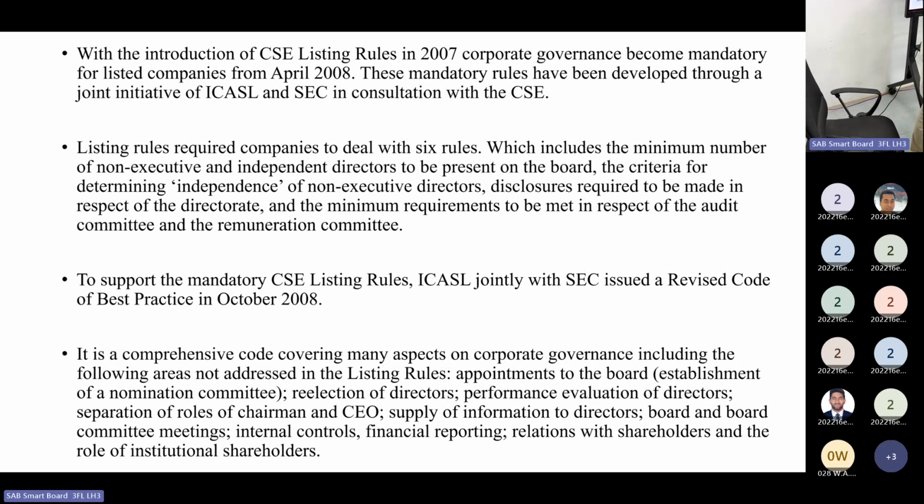This code was used for many years until 2013, and it is considered a comprehensive code covering many aspects of corporate governance, not only these 6 listing areas. These are called the 6 listing rules, but they brought in other areas too, which include appointments to the board.